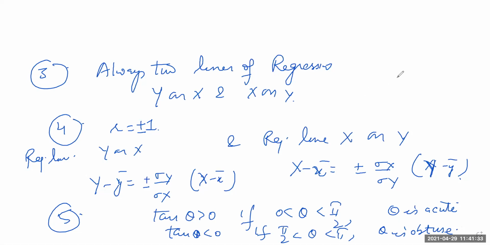And since you can write here 0 less than r square less than 1, क्योंकि आपकी r की वैल्यू किस में लाई करती है, -1 less than or equal to r less than or equal to 1, it implies 0 less than r square is less than 1. ठीक है जी.